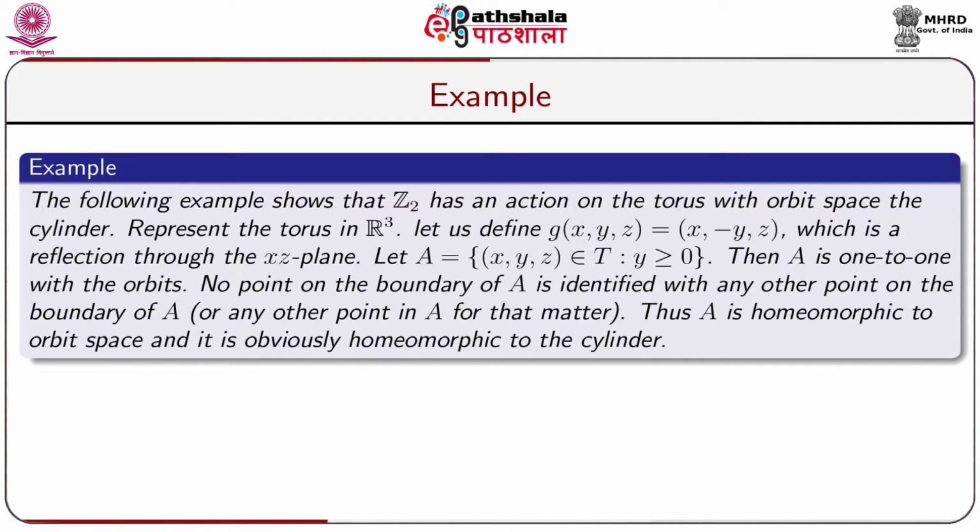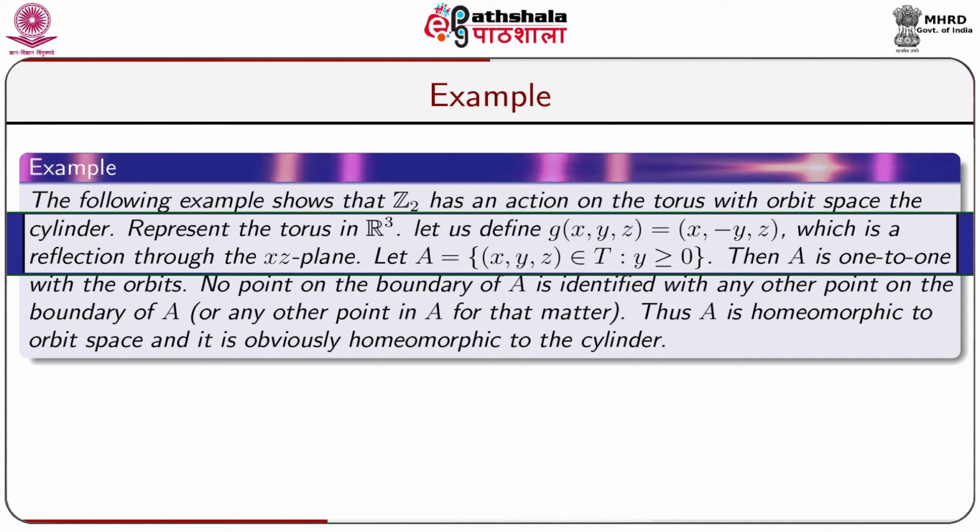Finally, we give an example which shows that Z2 has an action on the torus with the orbit space as a cylinder. Let us represent the torus in R3.